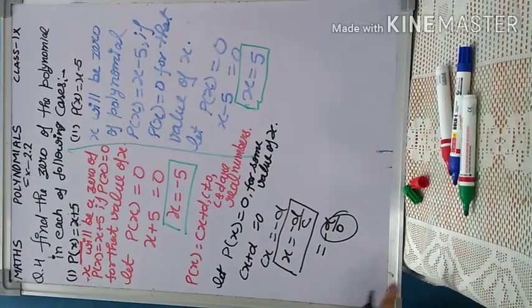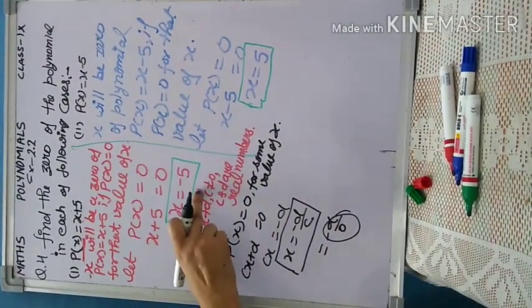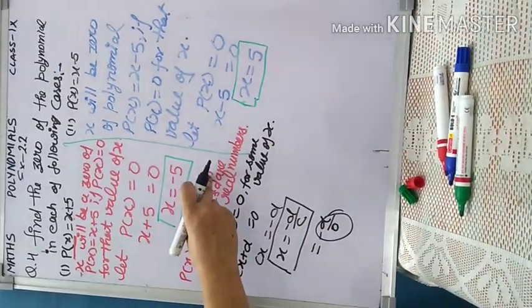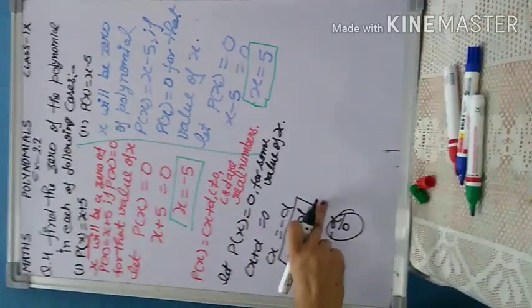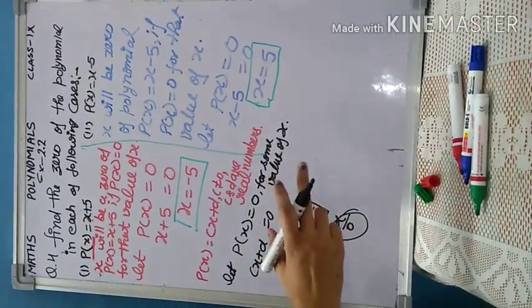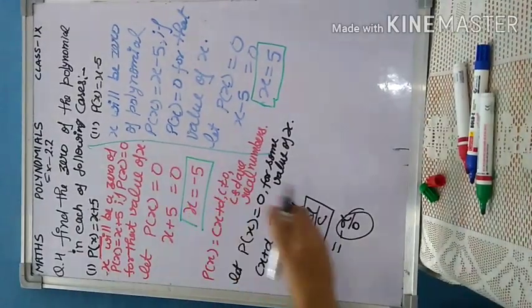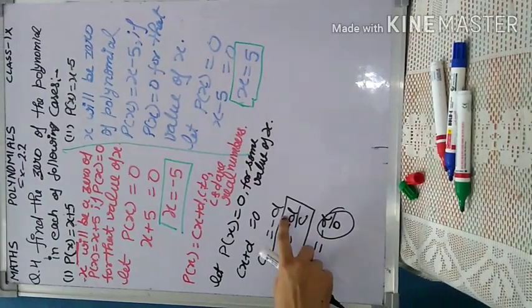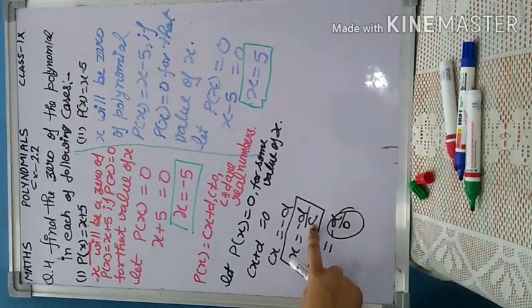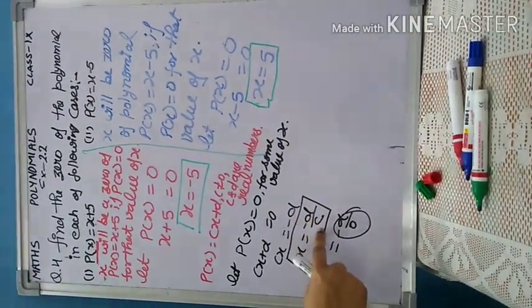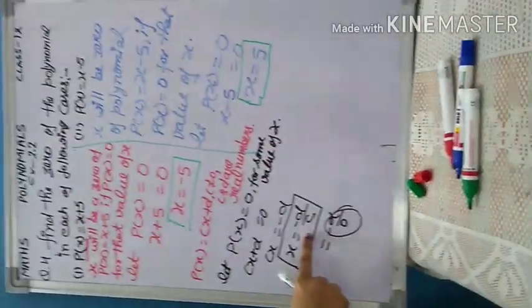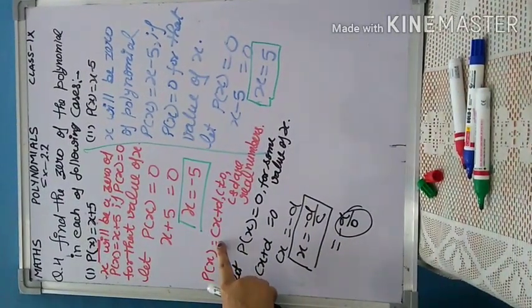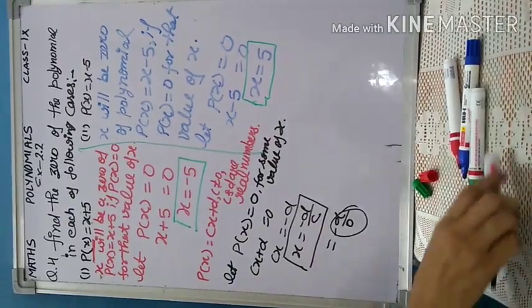But in the question itself, they have made it clear that c is not equal to 0. Since other than 0, whatever real number c be, it is defined. And c and d both are real numbers where c is not equal to 0. That means x = -d/c is defined, and that is a 0 of this polynomial. That's all for this question.